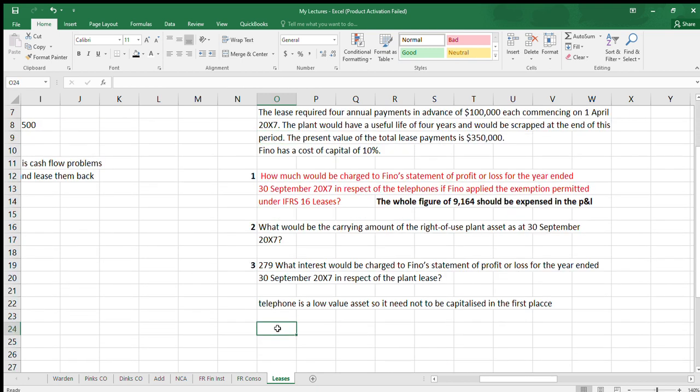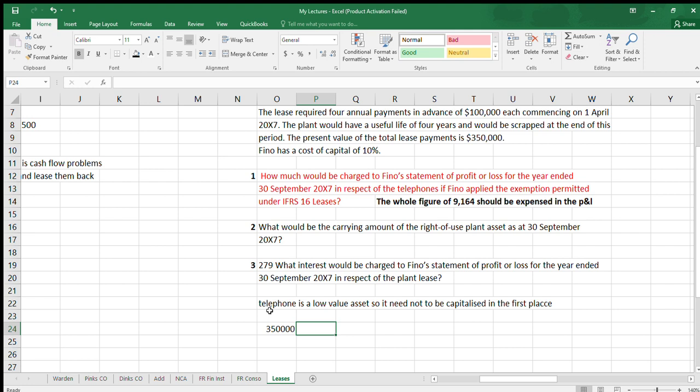So the first thing we need to know is our present value of the lease payment of 350,000. Now, what we need to know is that when we recognize this, the plant will be capitalized as 350,000.